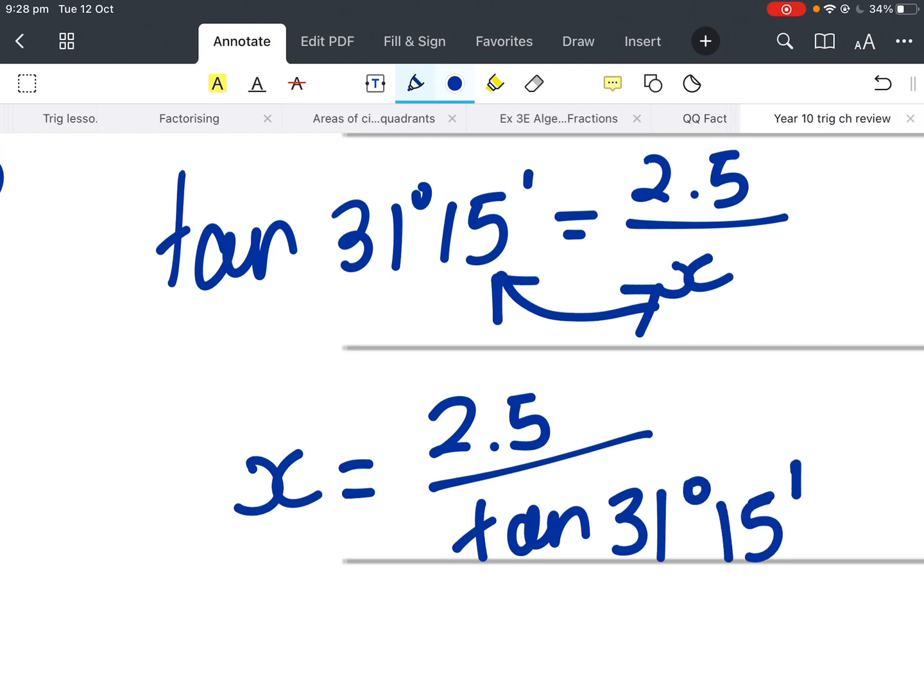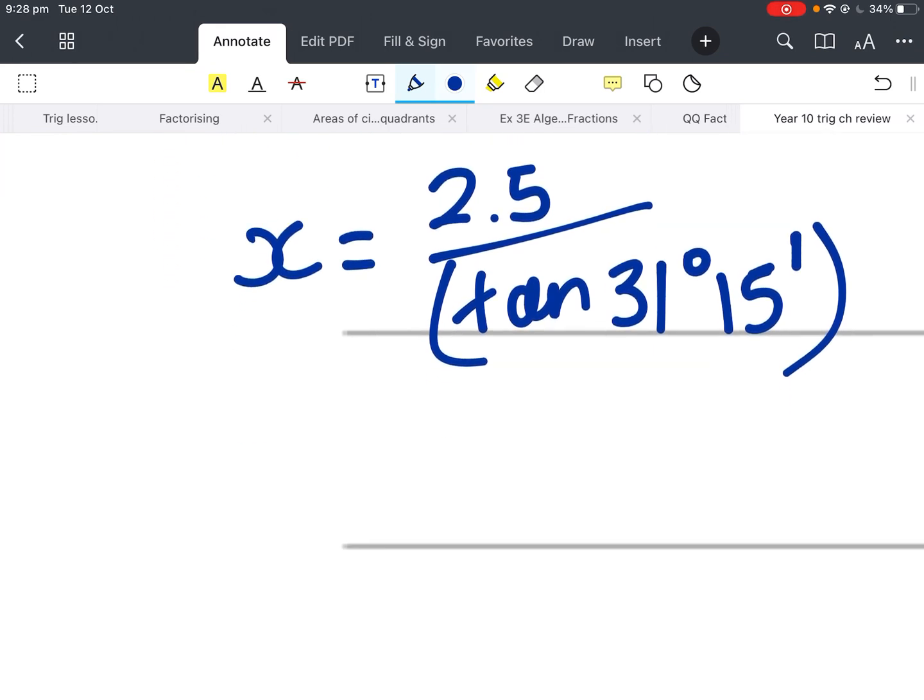Now remember, if you're getting the wrong answer when you put this in your calculator, put the brackets around there. So on my calculator, I'm going to go 2.5 divided by, then tan. My calculator opens the brackets, so that's okay. Now remember, for the degrees and minutes, I go 31, DMS key, degrees, minutes, seconds, and then 15, degrees, minutes, seconds key again.